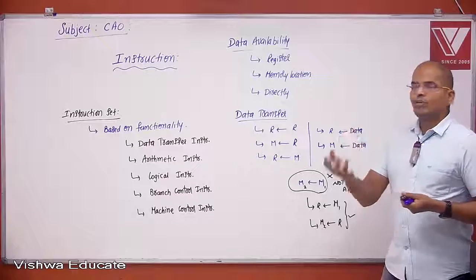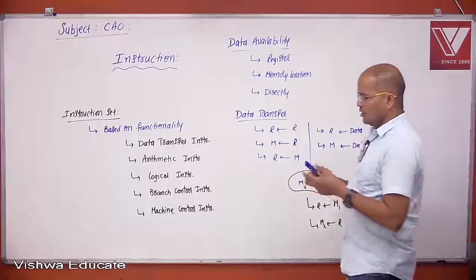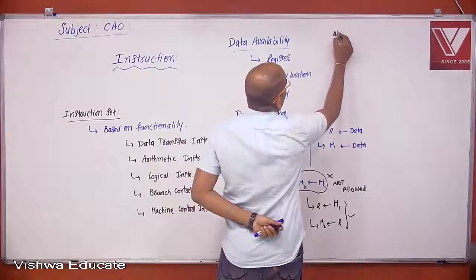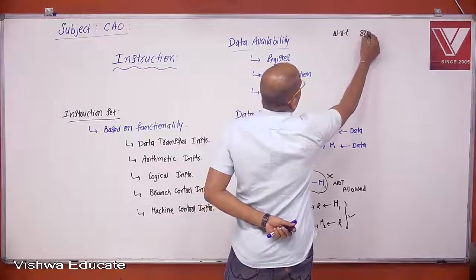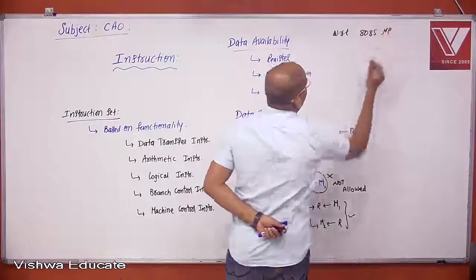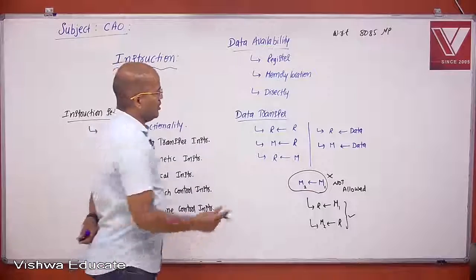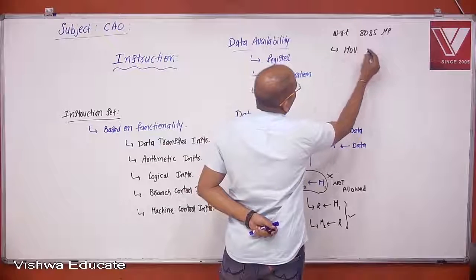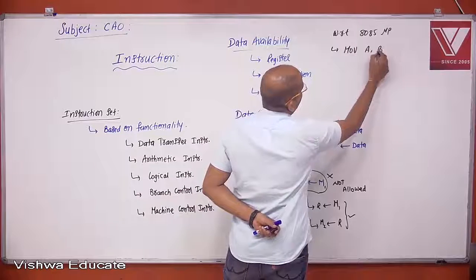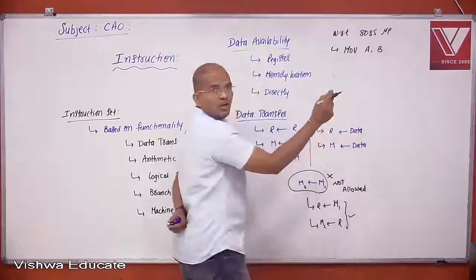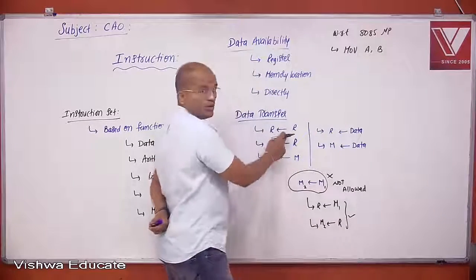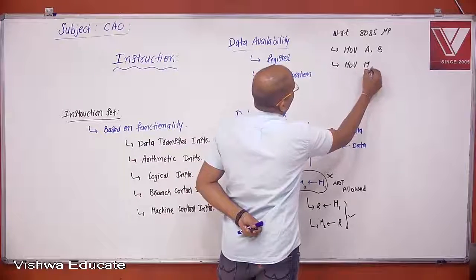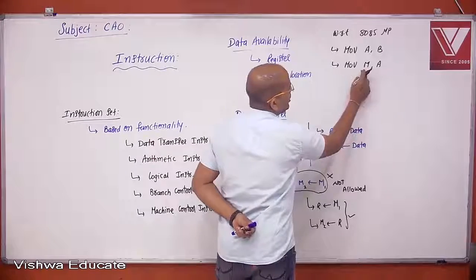For example, with respect to the 8085 microprocessor, I can say R to R as MOV A, B. B is a register, A is a register, I'm moving the value of B to A. I can say MOV M, A. The value of A is copied to M.